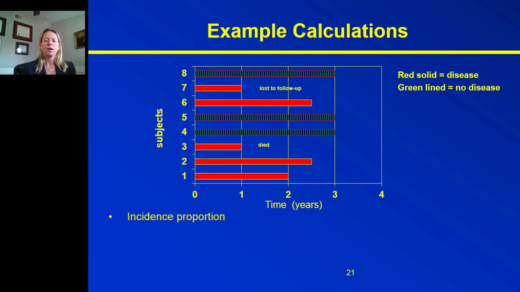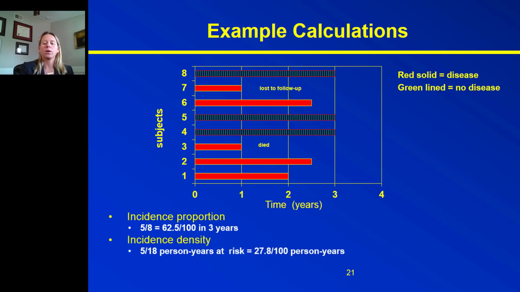To calculate the incidence proportion, which is just the number of persons who acquire the outcome or the disease over the total number of persons at risk, in this instance it's going to be 62.5 over 100 in 3 years, or 5/8. However, if we want to calculate incidence density, we're now dealing with person time, and we'll have 5 over 18 person years, calculating out to 27.8 per 100 person years.